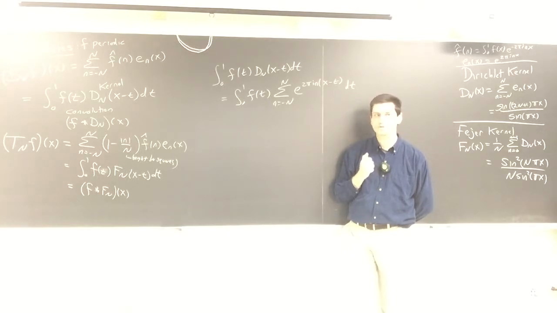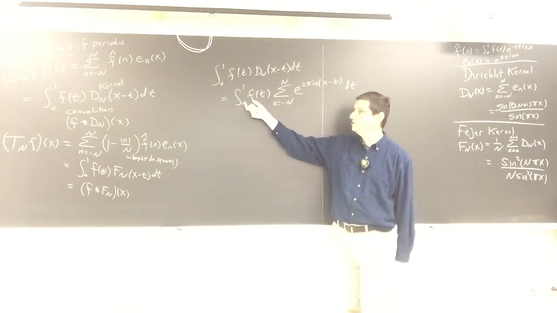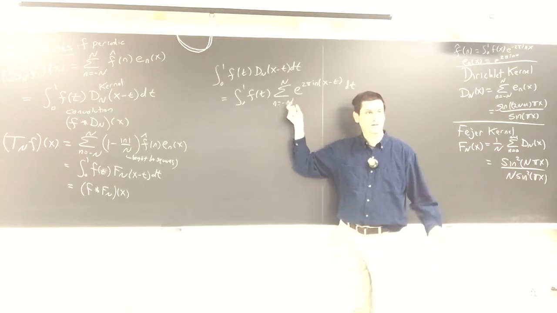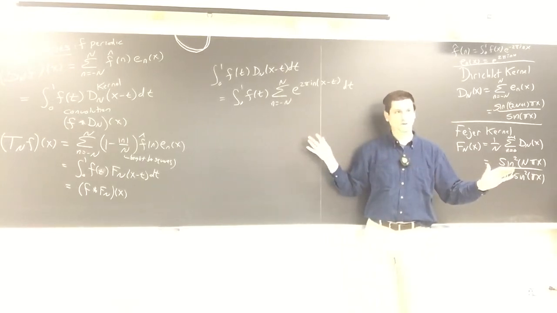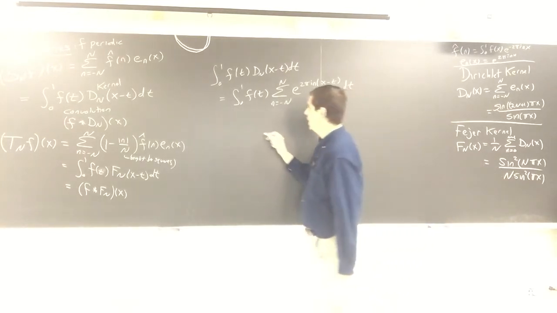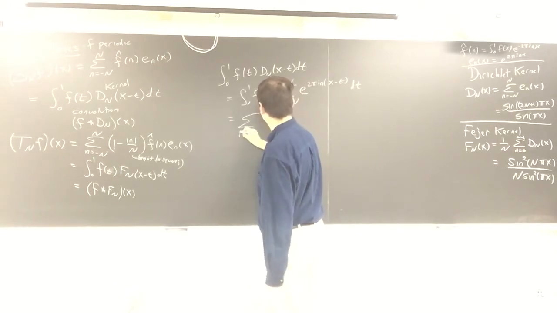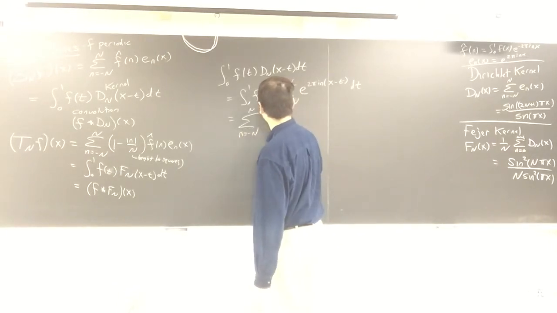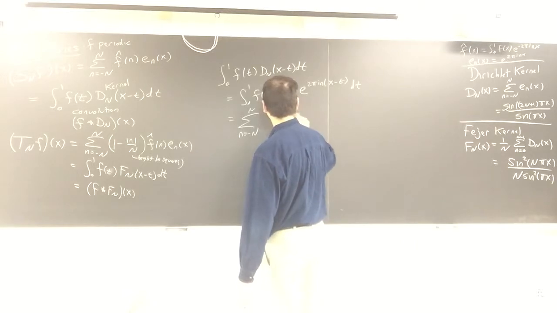What's the danger when you interchange? Why do you have to sometimes be careful? It's infinities. This is a finite integral. This is a finite sum. Finite, no problem. We can interchange without too much trouble. And this is now going to be the sum, n goes from minus N to N, the integral from 0 to 1, f of t.